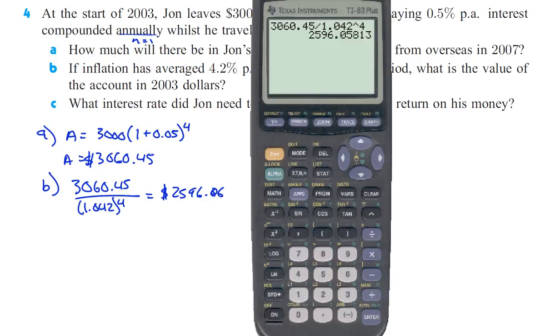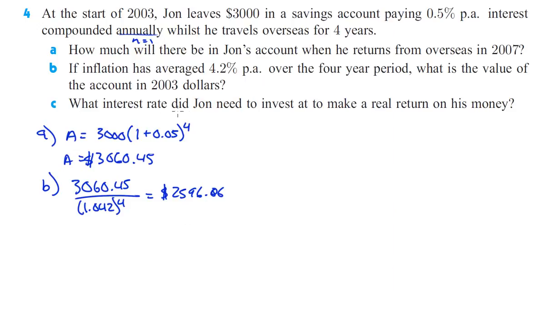Right? So John's losing value on his investment, but oh well, what do you do? It says, what interest rate did John need to invest at to make a real return on his money?